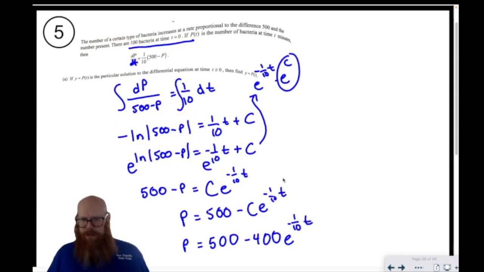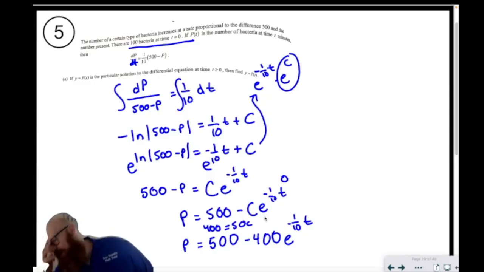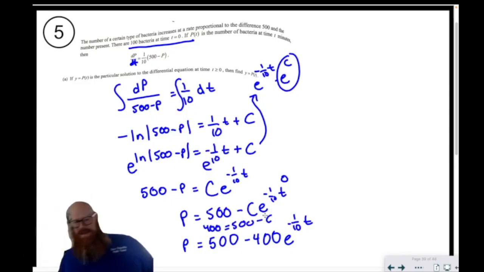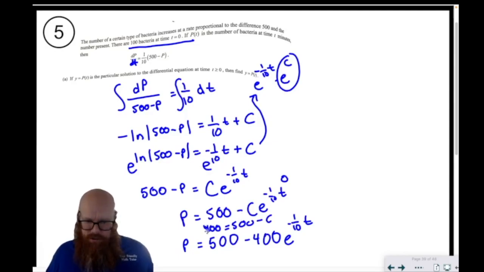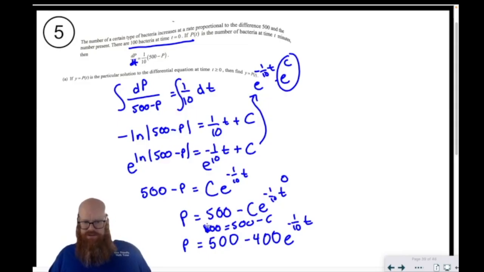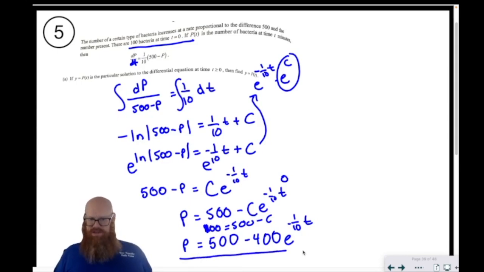All right, so again, I plugged in 0 here. That became 400 equals 500 minus c. Oh, my bad, 100. I had 400 stuck in my head. 100 was the initial amount. So this is 100 equals 500 minus c, so c is 400. So the particular solution is this one at the bottom, and that is all they were asking for in part A.